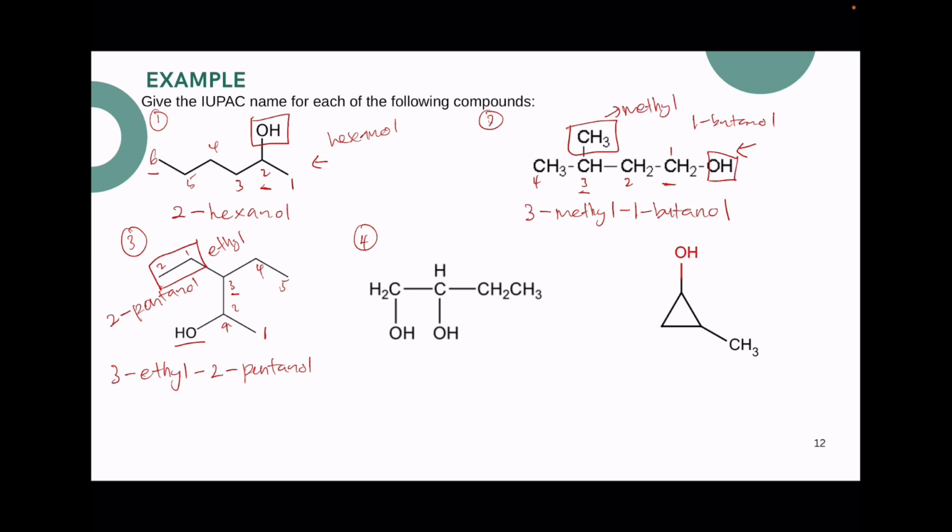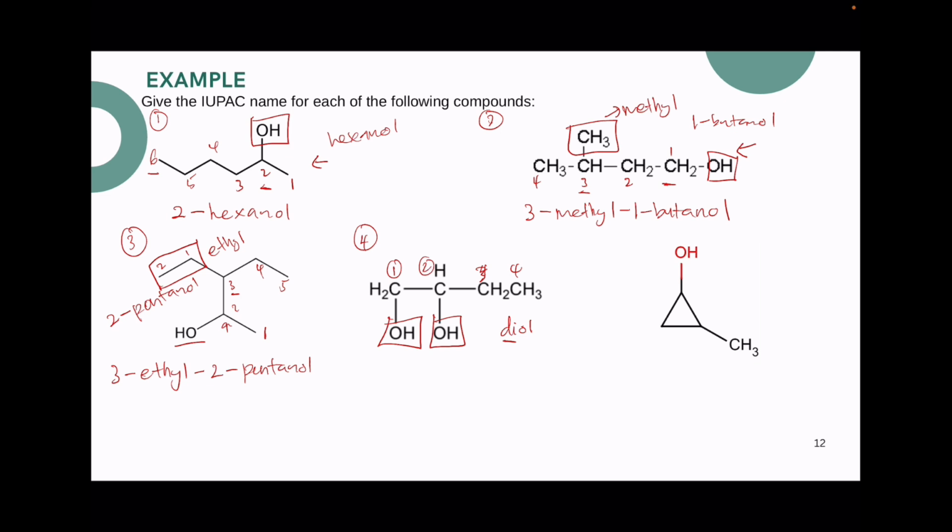The fourth compound. If you can see, it contains 2 hydroxyl groups, which means we need to use the diol suffix. Okay, diols. The OH groups are attached at the first carbon and the second carbon, and the longest chain of carbon is 4, so that means butane.